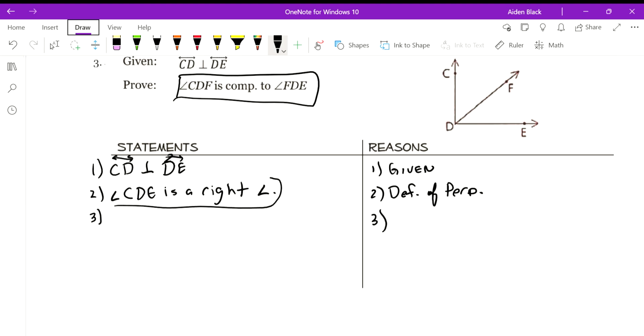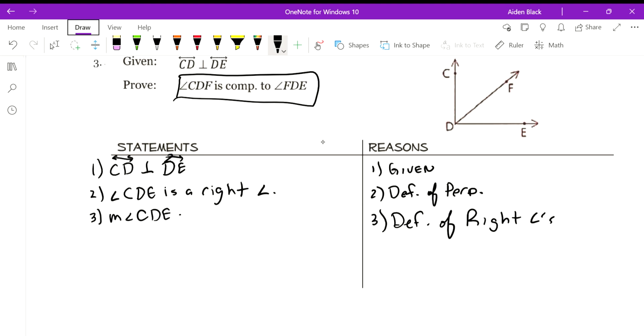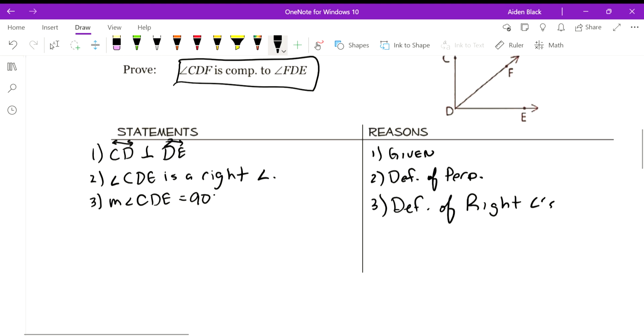So I'm actually going to break down this information a bit more. I'm going to say by definition, can you guess, of right angles, I know that the measure of angle CDE equals 90 degrees. You'll see in a moment why I'm writing this statement.